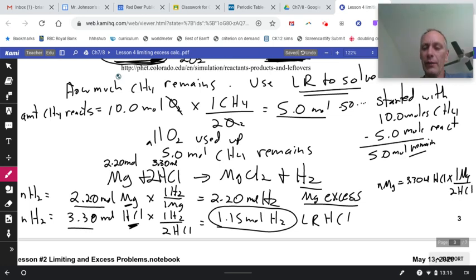So that means we will use up 1.15 moles of magnesium, and we started with 2.20. We used up 1.15, so we have 1.05 moles remaining.